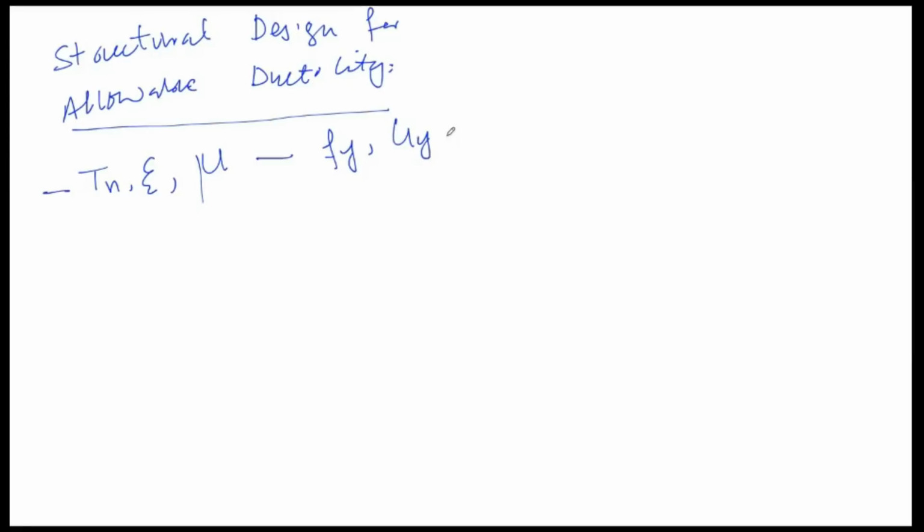So how do we do that? Corresponding to the vibration period Tn, damping, and ductility, we can obtain Ay over g. Okay, that as you just saw, we can obtain from the spectrum. If you know that Ay over g, you can obtain the yield strength of the design system.